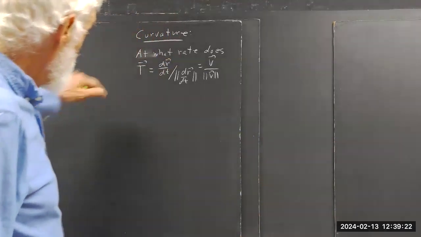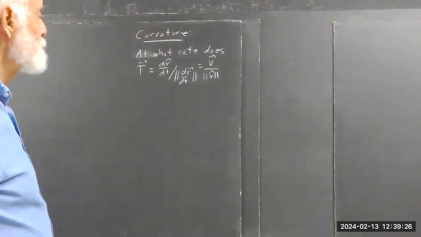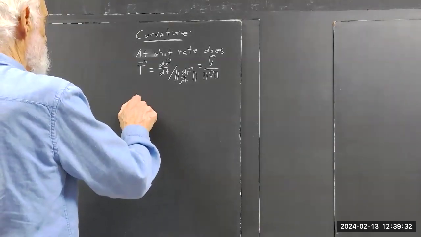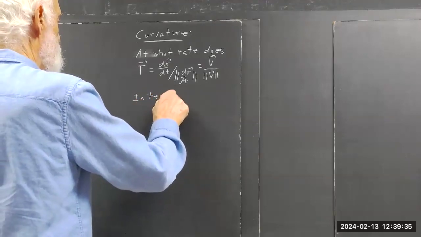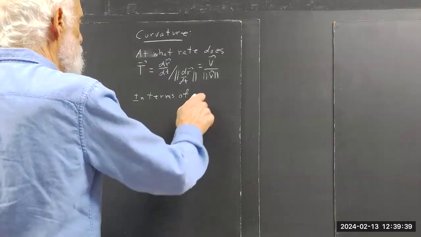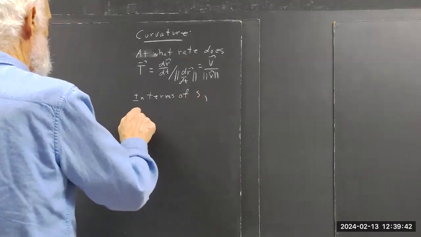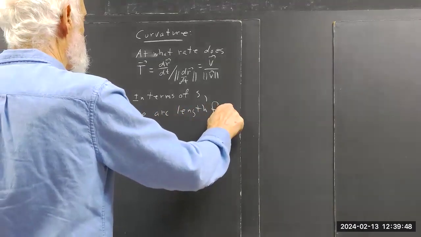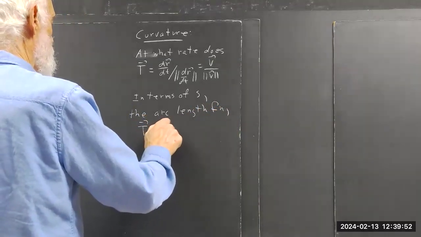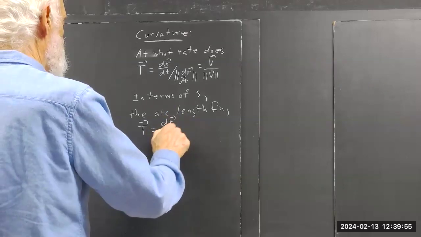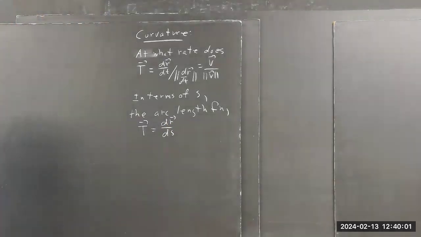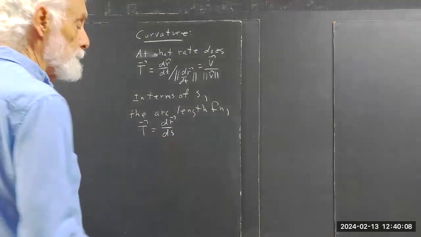Well, anyhow, okay. So we could express this as equal to dr/ds, since this is a unit vector.